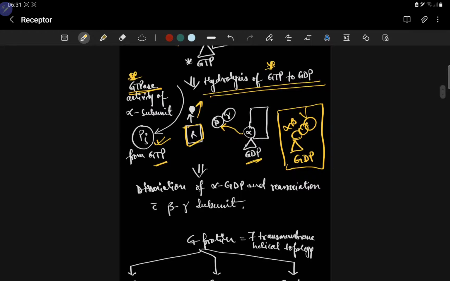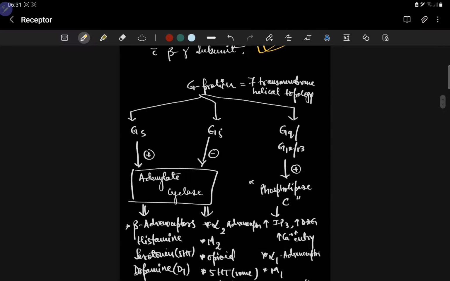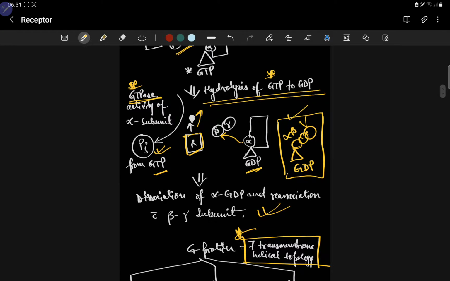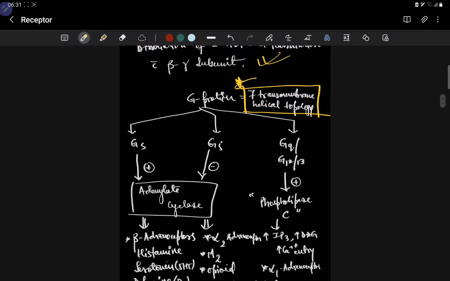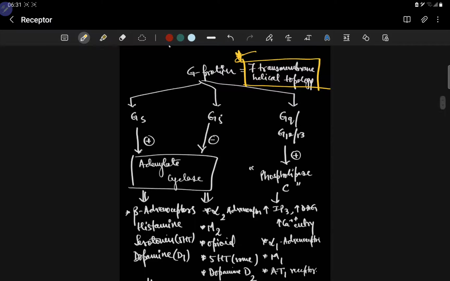So this happens. Now the G protein receptor is a 7-transmembrane helical structure; you have seen the structure. The G protein has Gs, it may be Gi or Gq, G12 or 13.